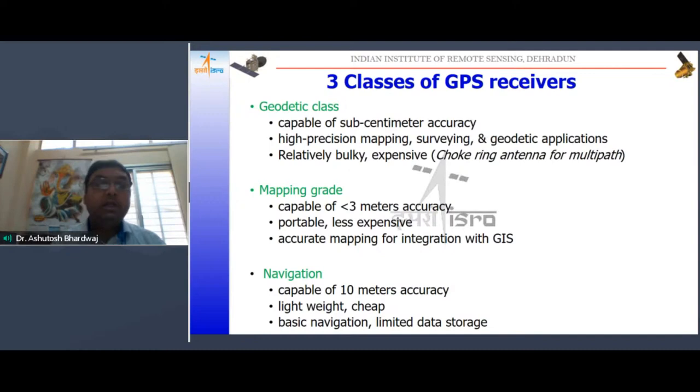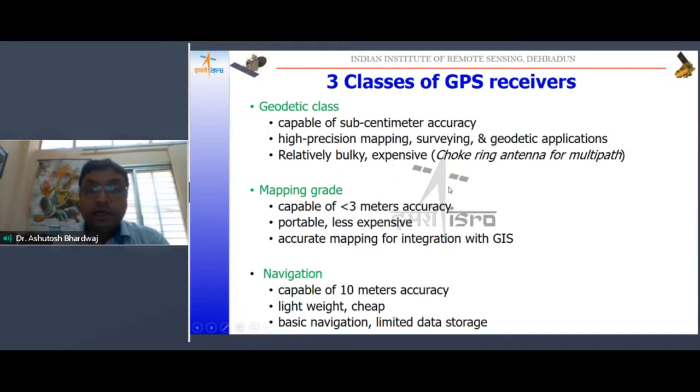In the geodetic class receivers, which basically we use for precise applications, we can get accuracies of the order of sub-centimeter level. That is, we can get accuracy of the order of millimeters by applying the specific surveying techniques and processing techniques. These are used for highly precise mapping, surveying requirements, and geodetic applications. They are little bulky and quite expensive also.